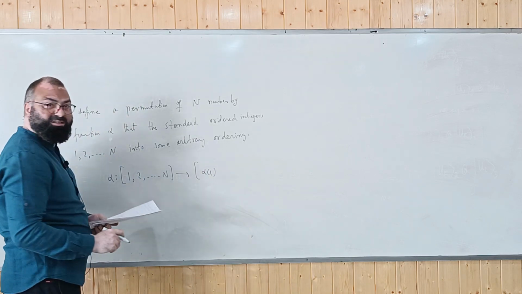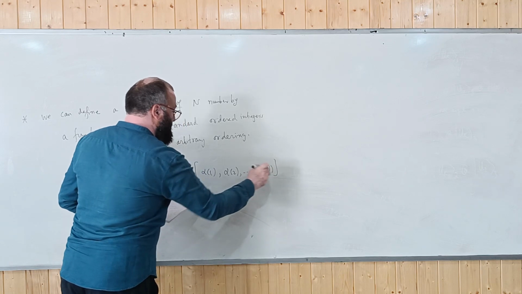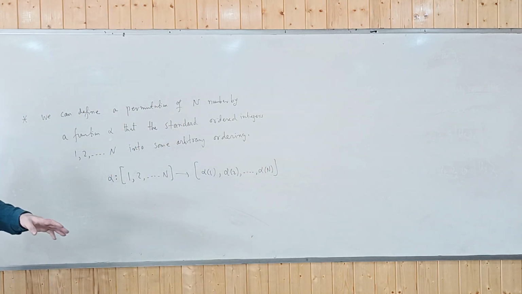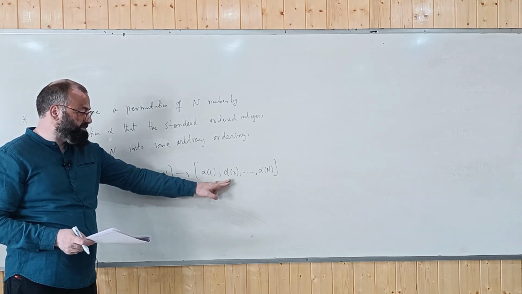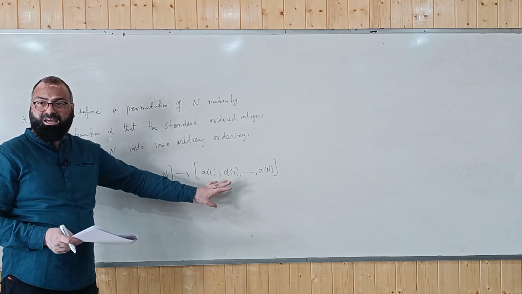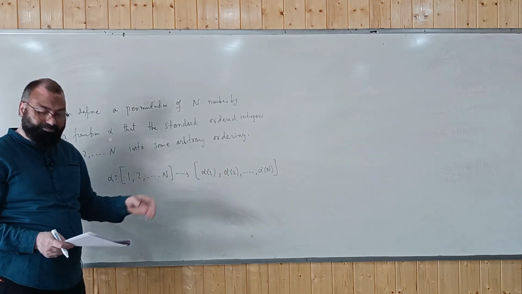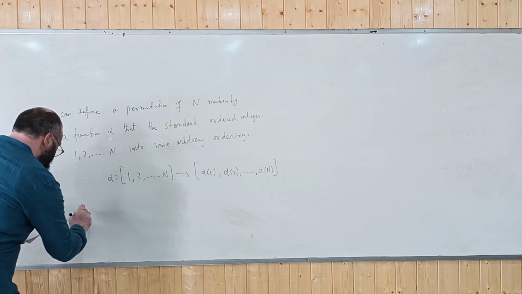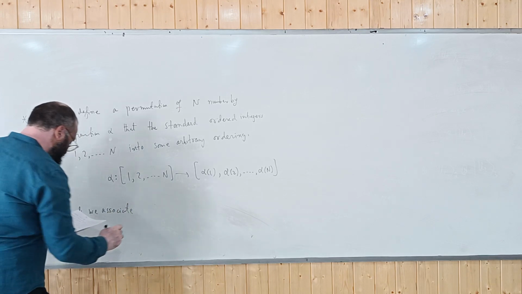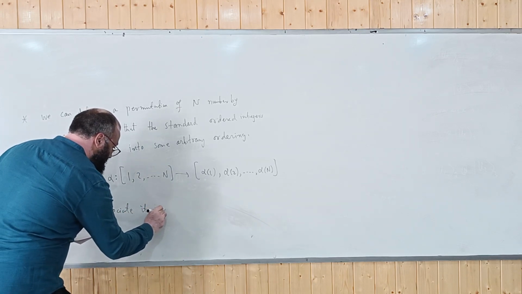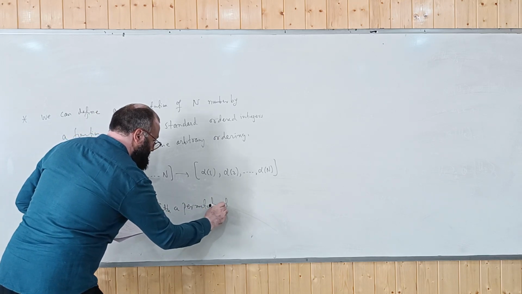So let's write, this is alpha 1, alpha 2, and so on up to alpha n. Got it? So in other words, you can think of all the possible permutations of 1, all the possible permutations of 2, all the possible orderings. It will give you all the possible orderings. And S_n, with a permutation of it like this.